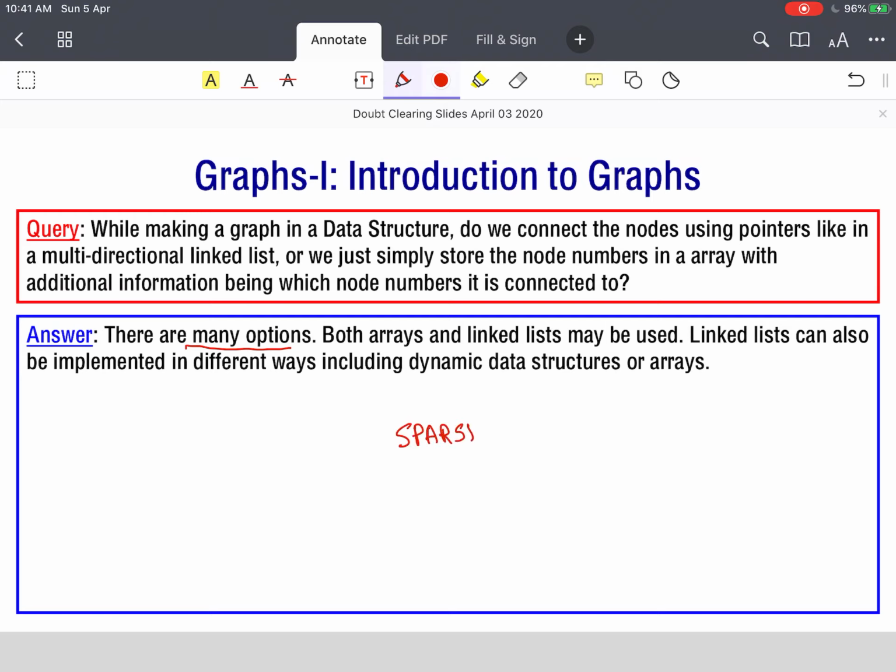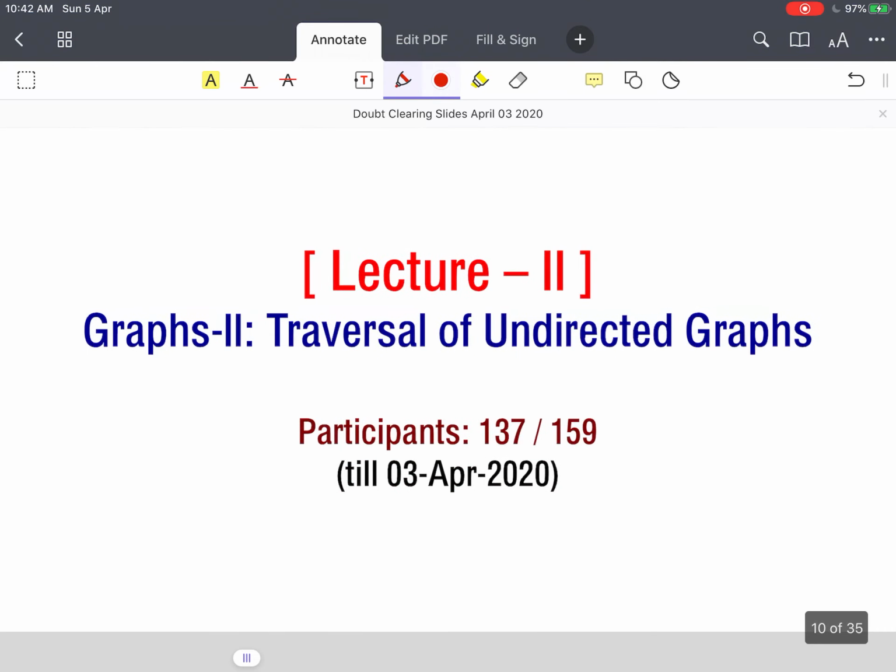So with a sparse graph, where there are very few edges compared to the possible number of edges, because there could be order n squared edges for an n node graph, but a sparse graph may have very few edges, in that case, typically a multidirectional linked list is used. We have not covered sparse graph algorithms, but there are some specialized sparse graph algorithms where these are used.